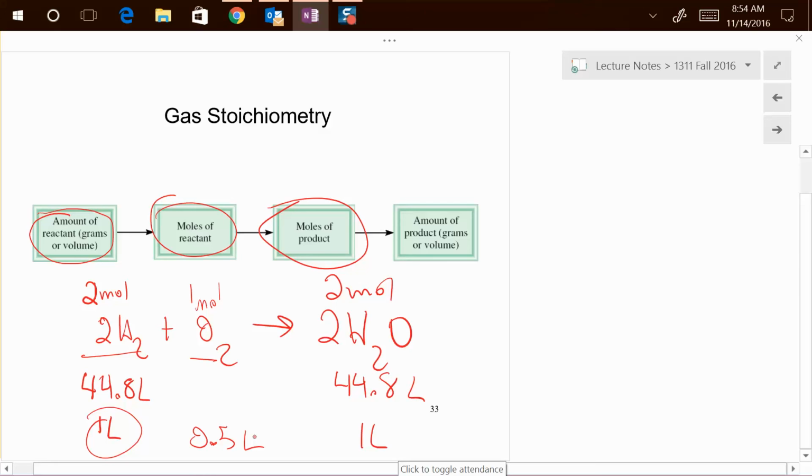Okay? You use liters or volume the same way you use moles for gases, stoichiometrically, because the liters here are equivalent to the number of moles. There's a proportional relationship there.